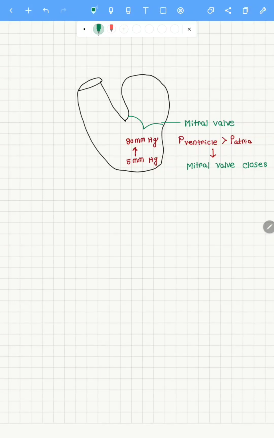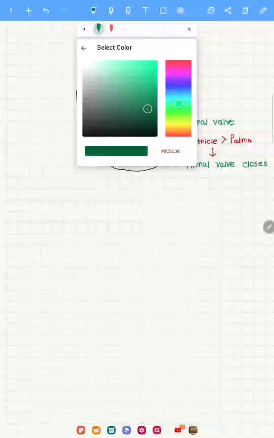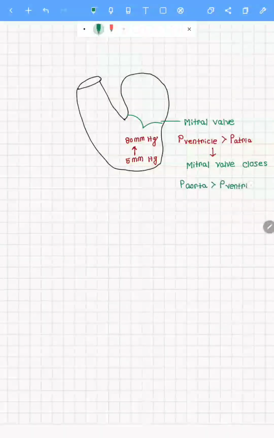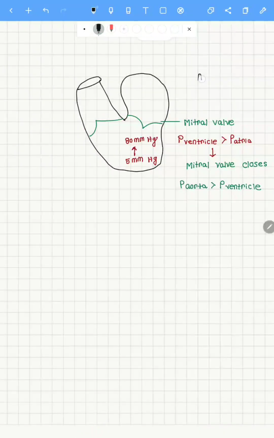But the pressure is still lower than the aorta. Pressure of aorta is greater than the pressure of ventricle. That's why the aortic valve will also be closed. Now, as you can see, the ventricle is contracting and atria is relaxing. So this is atrial diastole and ventricular systole.